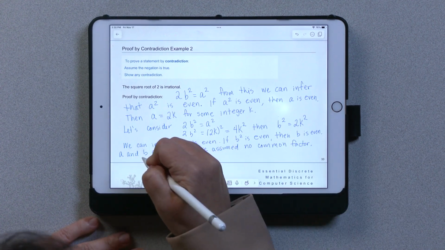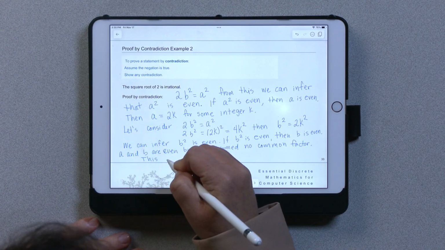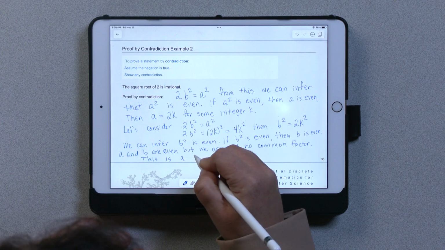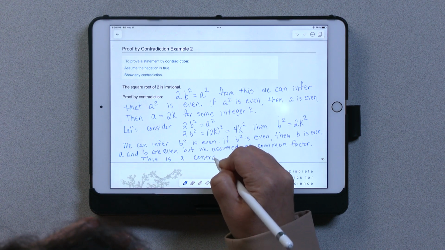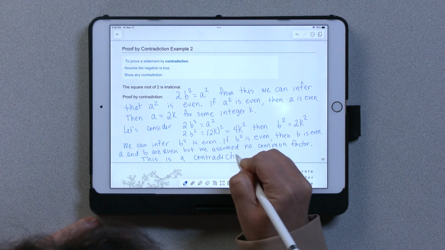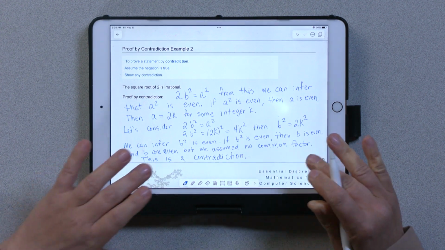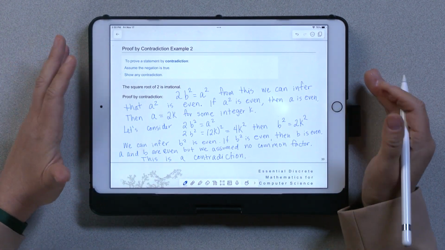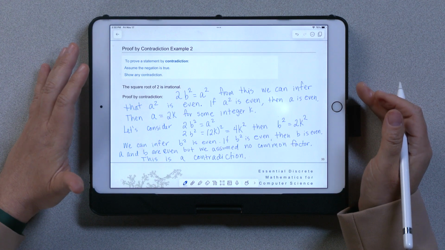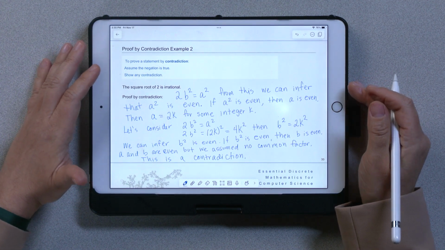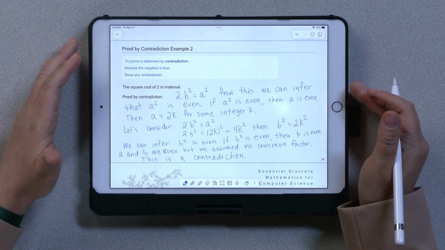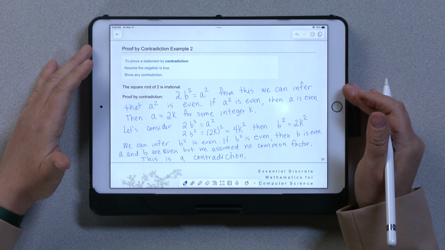This is a contradiction. Because if a and b are both even, they must share the common factor of 2. And we assumed that they didn't share any common factors.